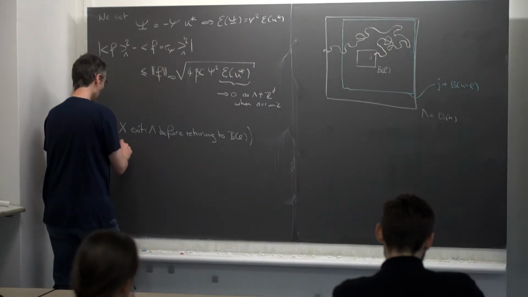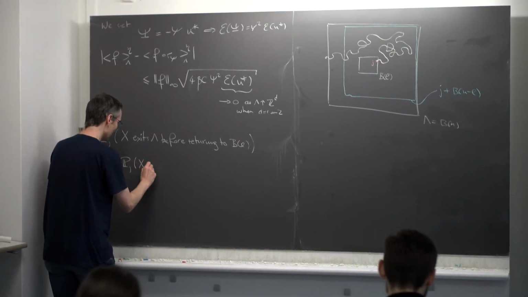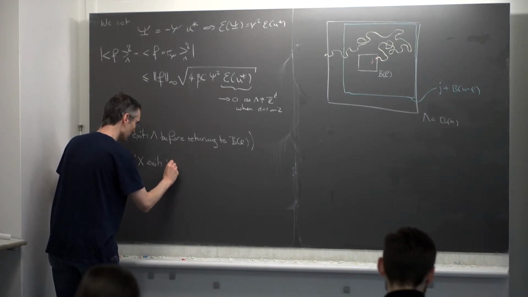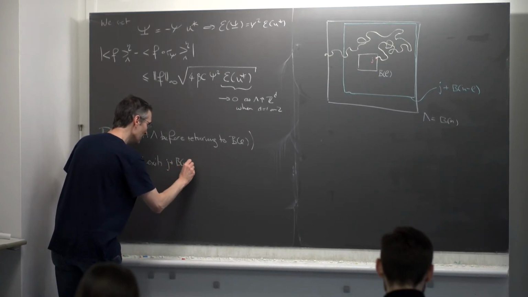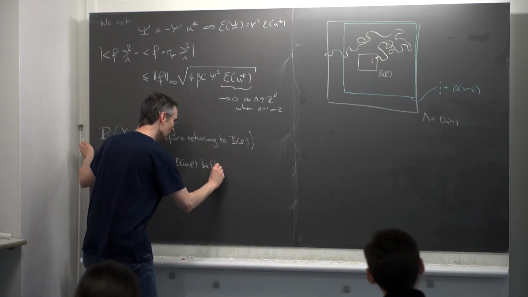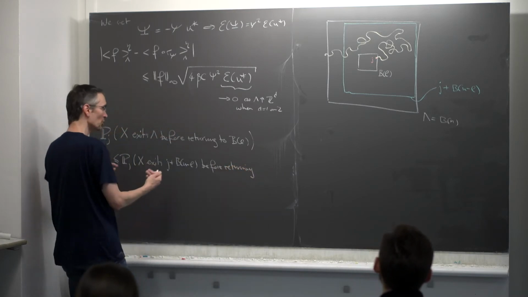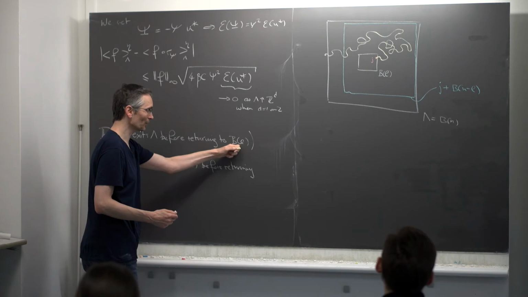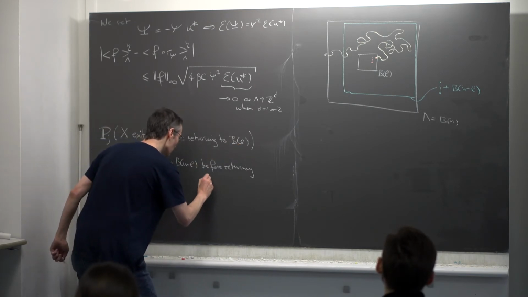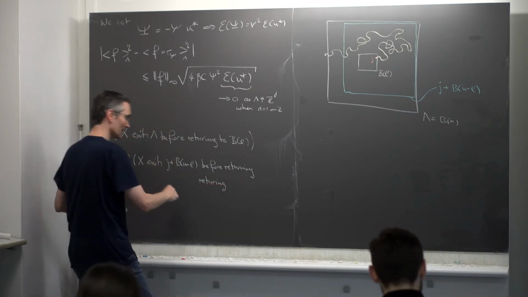So this will be smaller than the probability starting from j that X exits j plus B_{n-L}, so this blue box, before returning to B_L. And I can make this even larger if I do not insist that it returns to B_L, but insist on the stronger claim that it returns to j. It's much harder to return to j, so it's much more likely that it will manage to exit.